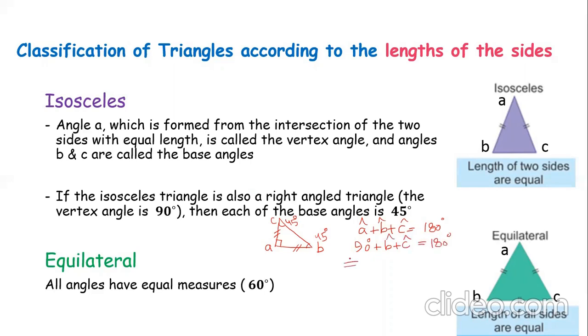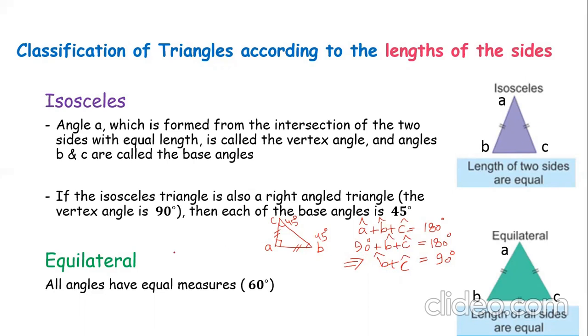And from this, we conclude that B plus C will be equal to 90 degrees. And since in the isosceles, the angles of the base are equal to each other, then each of them will be equal to 45 degrees.